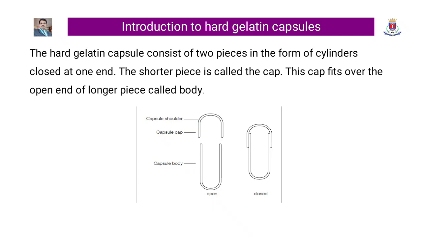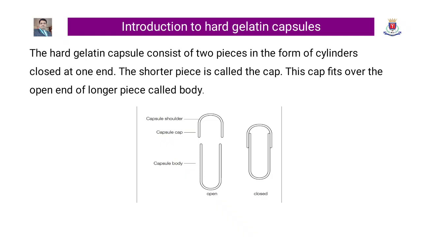Hard gelatin capsule consists of two pieces in the form of cylinders closed at one end. The shorter piece is called the cap. This cap fits over the open end of longer piece called body. Now here in this figure you can see the two positions of hard gelatin capsule.